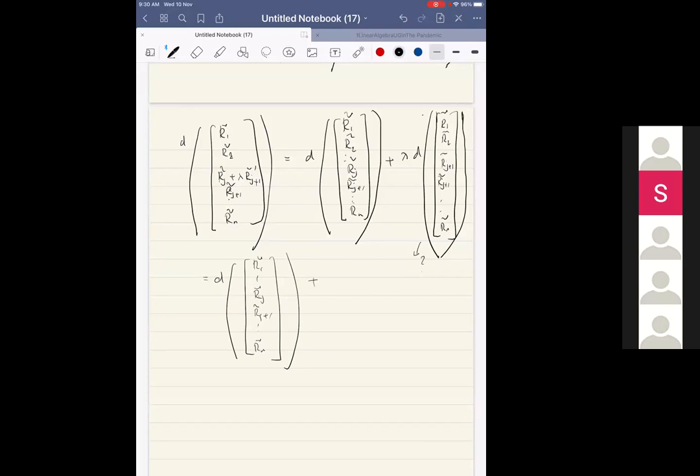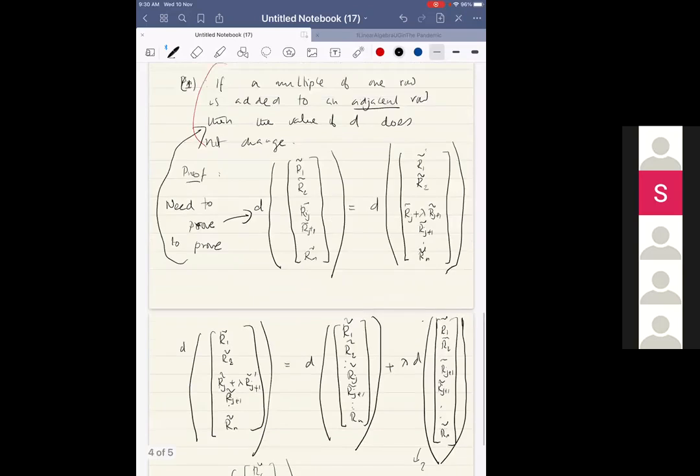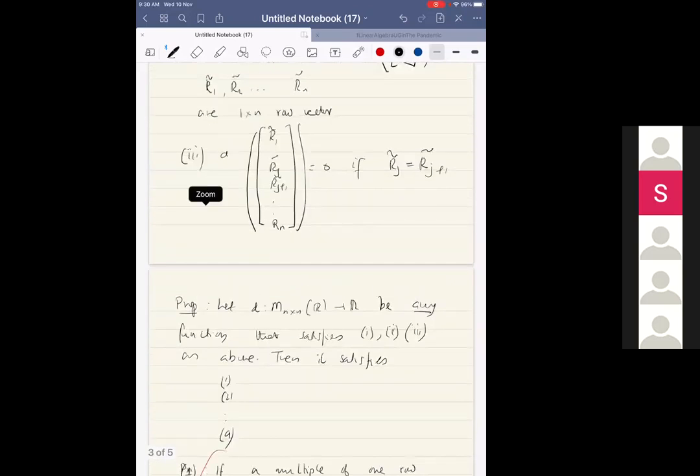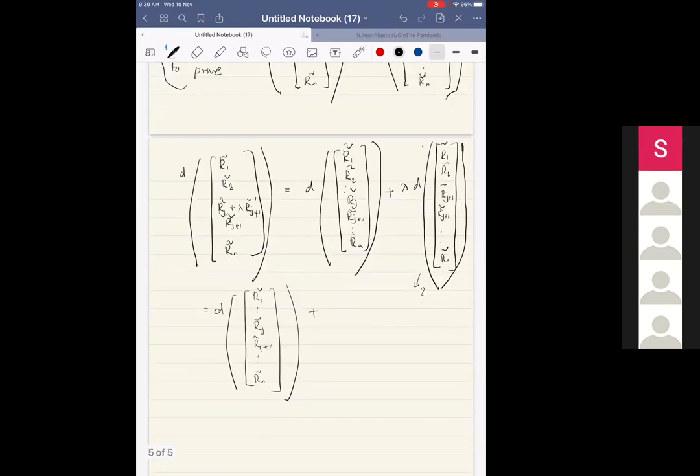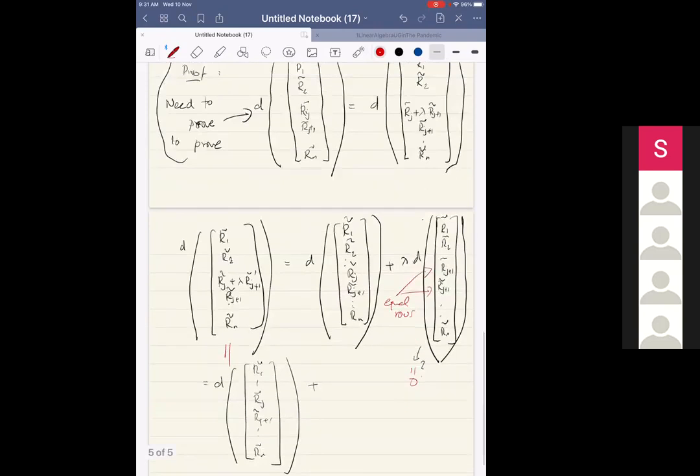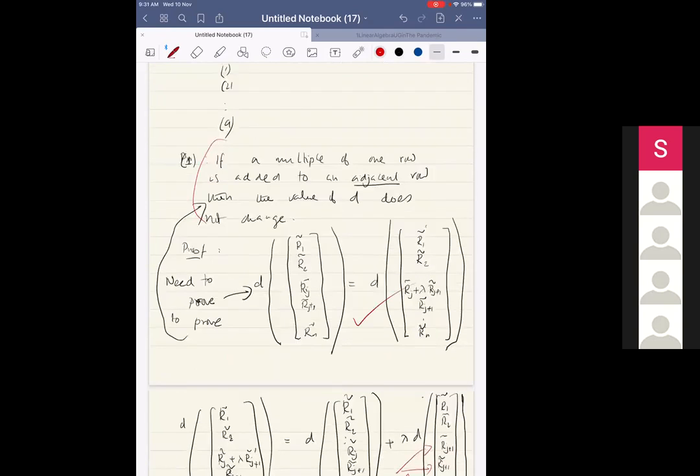It is 0, because we have assumed property 3: D vanishes if two adjacent rows are equal. Here the jth row is R, so these two rows are equal. So this is 0. So we have this equal to this, which is what we needed to prove. So we have proved this.